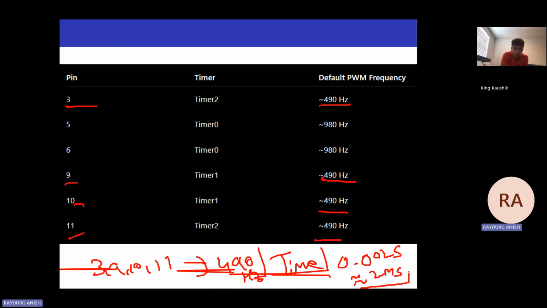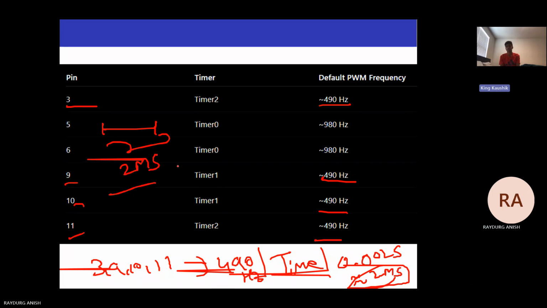So whatever analogWrite value you are giving, you are turning on within this 2 milliseconds. If it is 127, it's like 1 millisecond it is on, and another millisecond it is off.